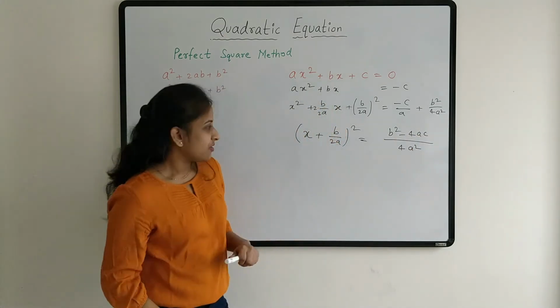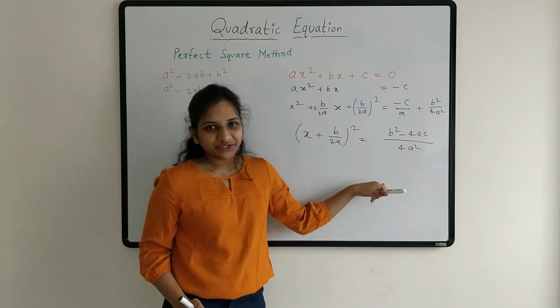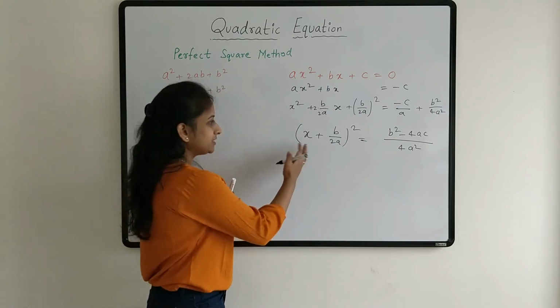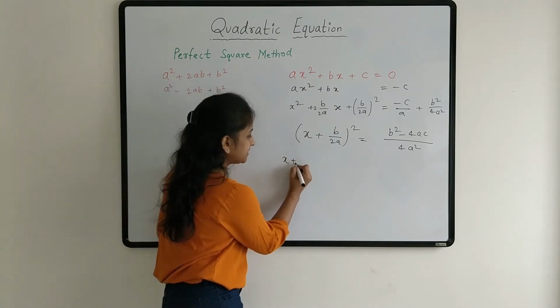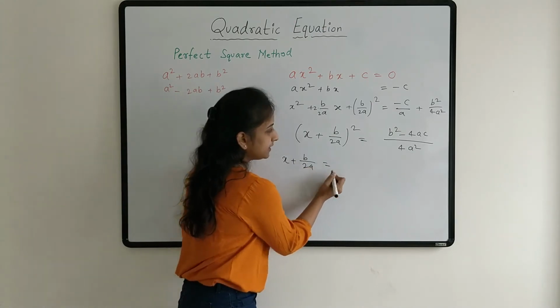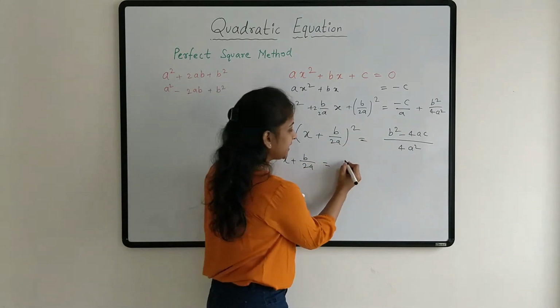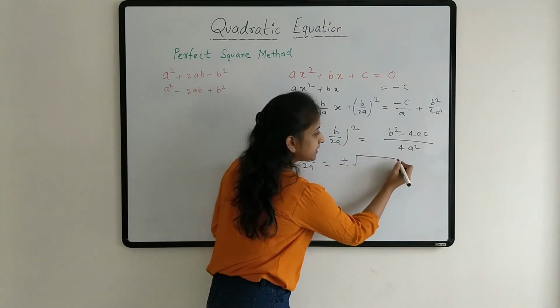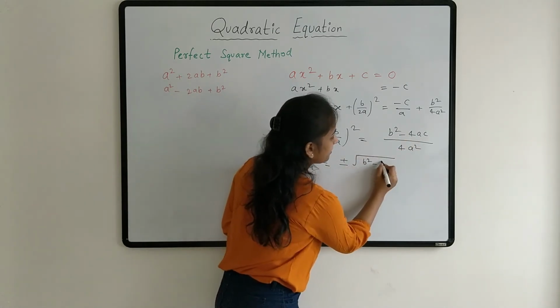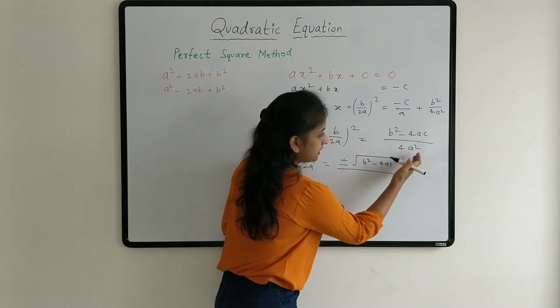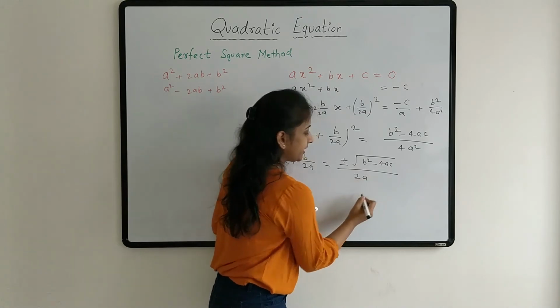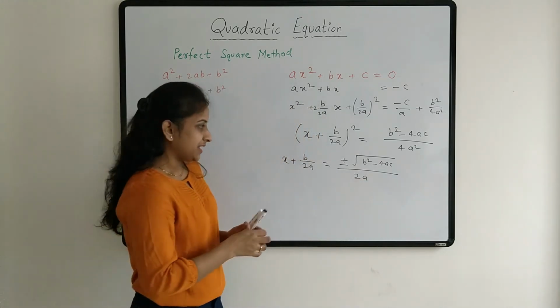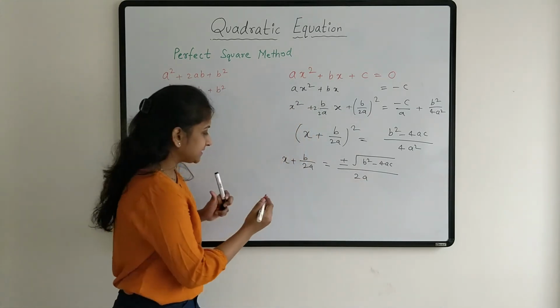What is our next step? Taking the square root. So x plus b by 2a, taking the square root, equals plus or minus square root of b square minus 4ac, and the square root of the denominator is 2a. Now what is x?